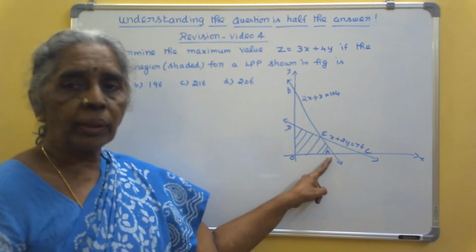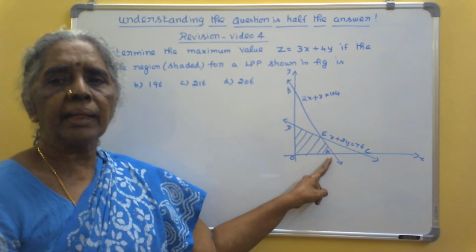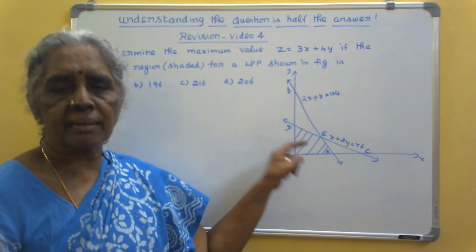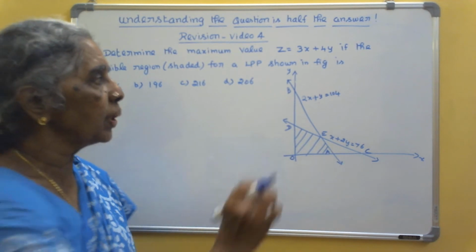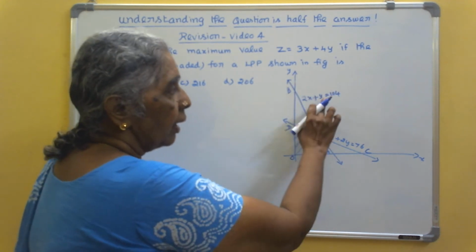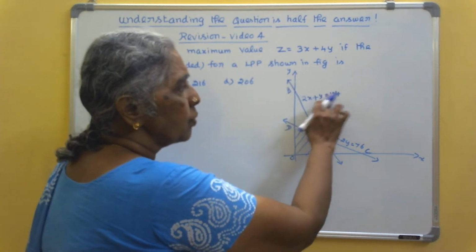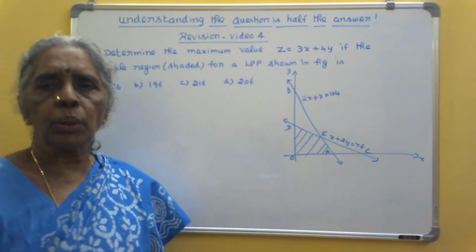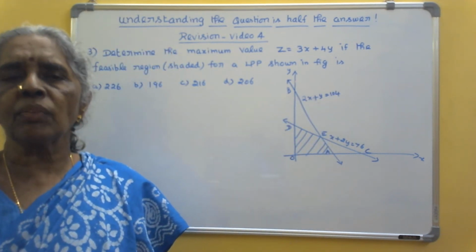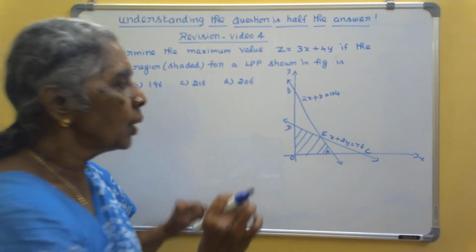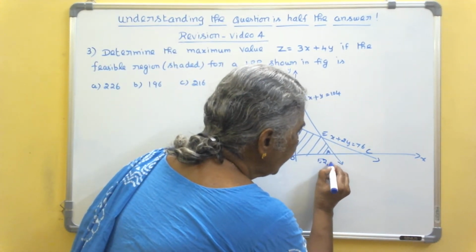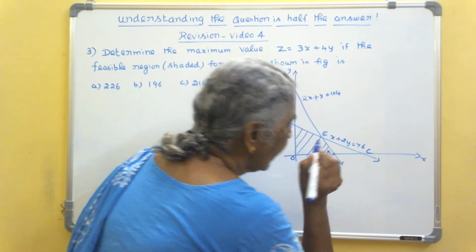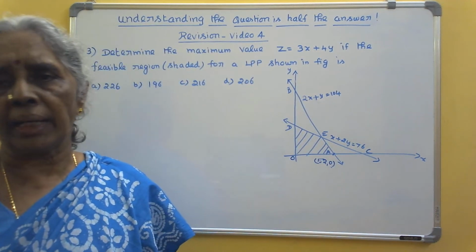A is the point where that line cuts the x-axis. That means you have to put y = 0 in this equation. When you put y = 0, 2x will be equal to 104. So, x will be equal to 52. So, now you know this point A is (52, 0). This is how you have to find A.